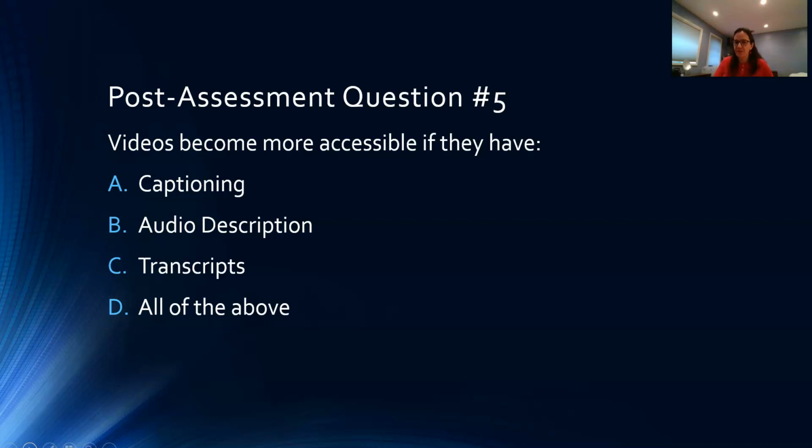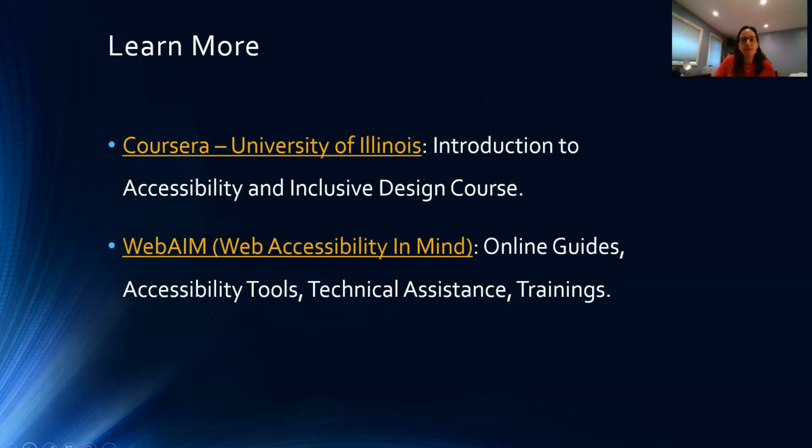If you were not sure about some of the answers, you can either rewind or look it up on the internet, but I do hope that you were able to answer the questions easily. And to learn more, I would like to suggest that you definitely make a commitment to learn more about accessibility.